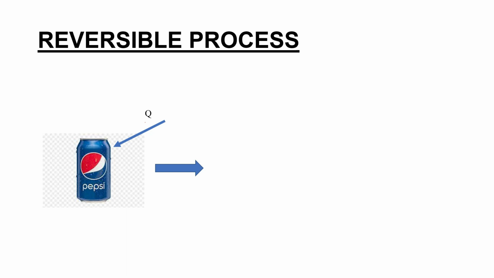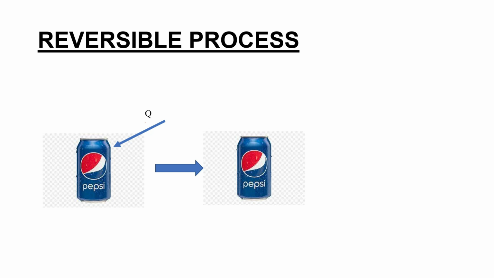So when can you call it a reversible process? This can be called a reversible process if you can take this heat out of the Pepsi can. If you take this heat out, the temperature can be decreased from room temperature, about 30, back to its original temperature of 10 degrees Celsius.